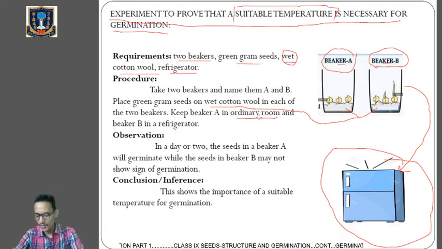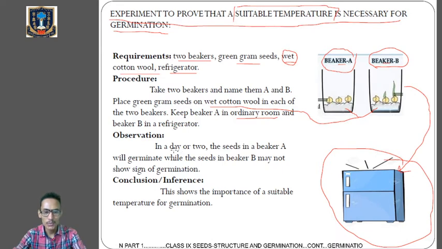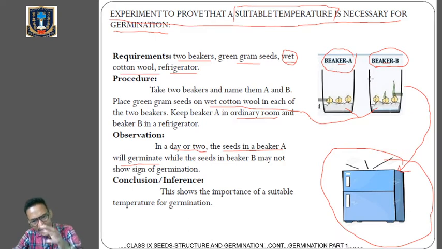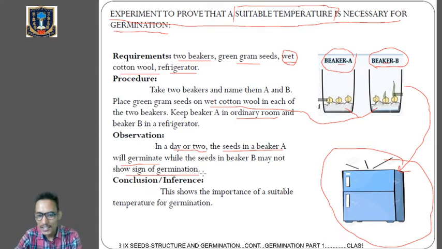Now observation. After a day or two, the seeds in beaker A will germinate, but the seeds in beaker B, which were kept in the refrigerator, will not show any sign of germination.